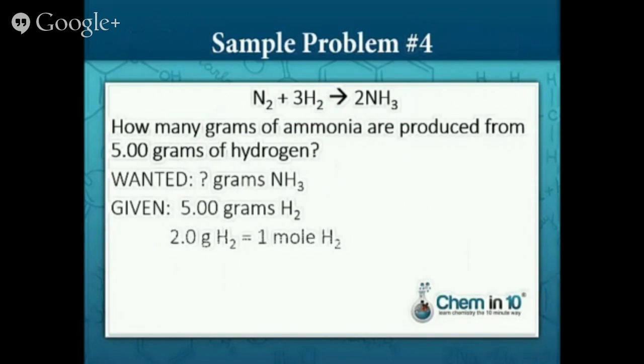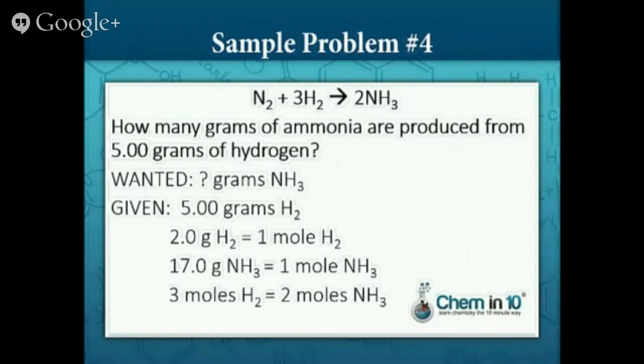Our conversion factors are that 2 grams of hydrogen is equal to 1 mole of hydrogen. We also need the molar mass of ammonia, and we know that 17 grams of ammonia is equal to 1 mole of ammonia. And we need the molar ratio between moles of hydrogen and moles of ammonia. And we know that 3 moles of hydrogen yield 2 moles of ammonia.